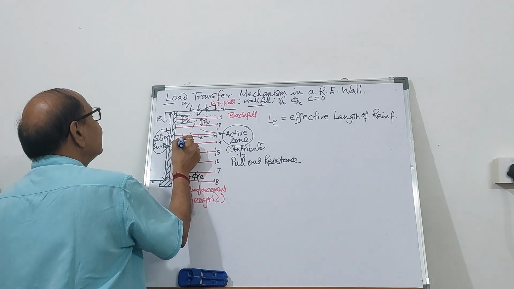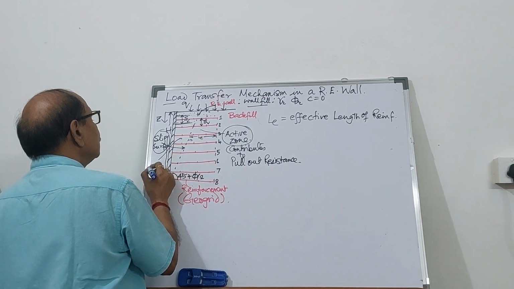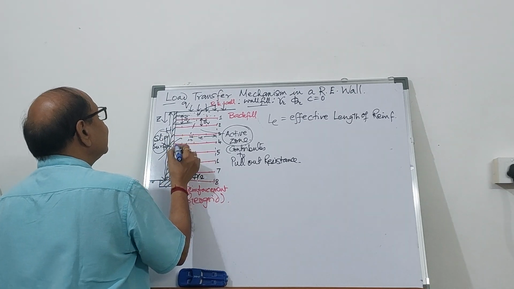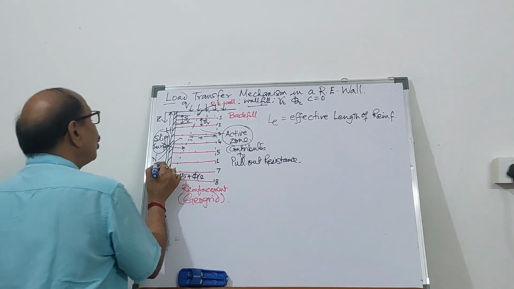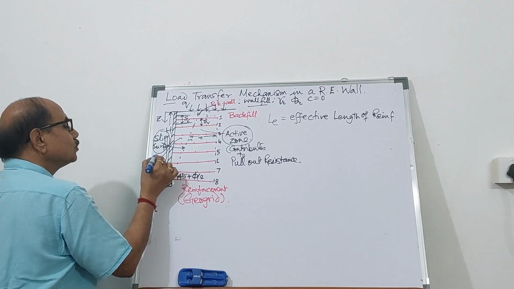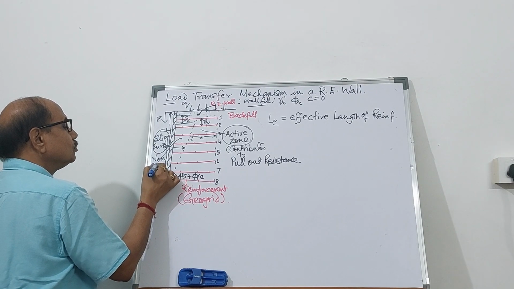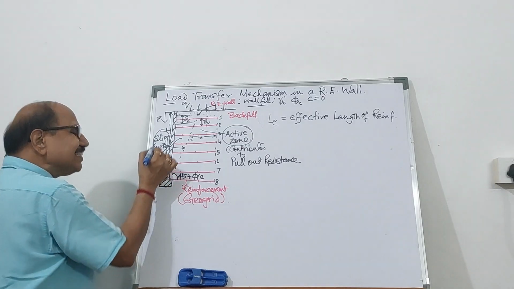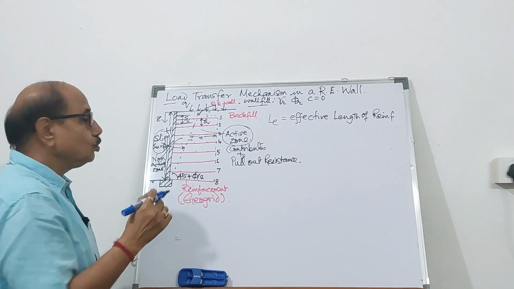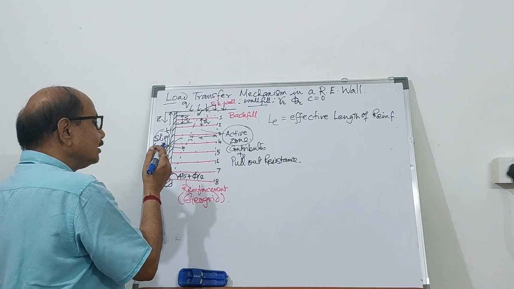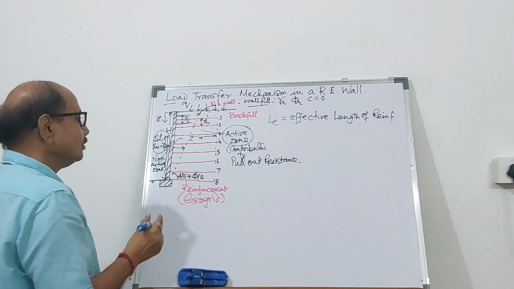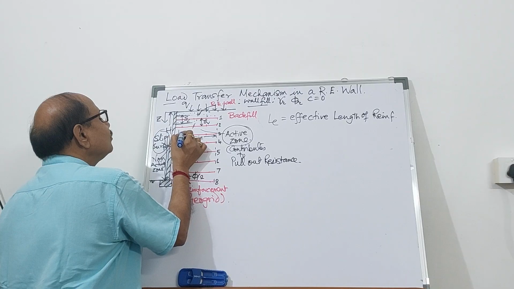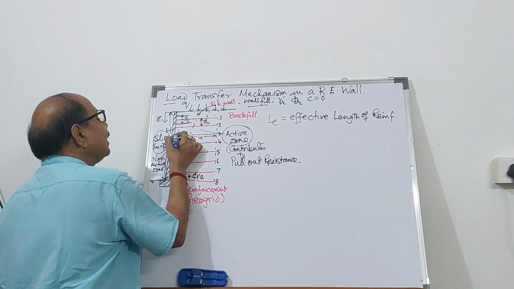And this left side is called the non-active zone. Why is it called the non-active zone? Because it doesn't contribute to either strength or pull-out resistance. And the length in the non-active zone of the reinforcement is called LR.